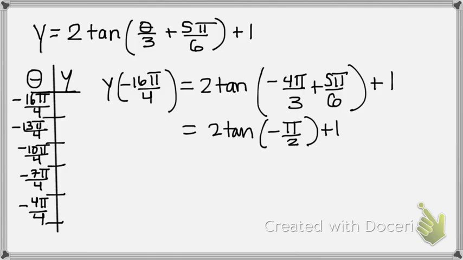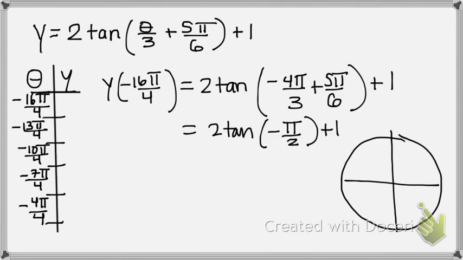All right, then I'm going to look at a unit circle, and I'm going to find negative pi over 2 down here with coordinates of 0, negative 1. And what's tangent? Tangent is y over x, right? So tangent of theta is equal to y over x.